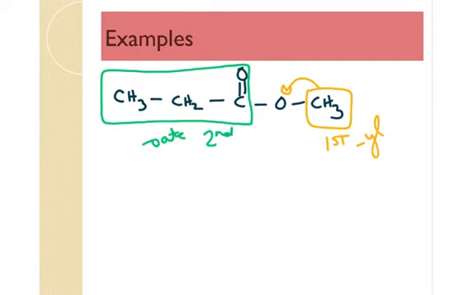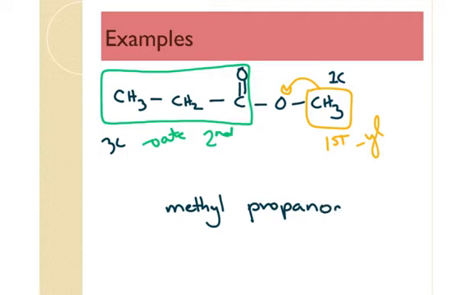So when we put it all together, we have a one carbon chain to start. One carbon here, so we have a methyl, then we have a space, and now we have a three carbon chain over here, so we have a propanoate. So propane, remember all we do is we get rid of the E, and I'm going to put my new ending on, oate. So methyl propanoate.